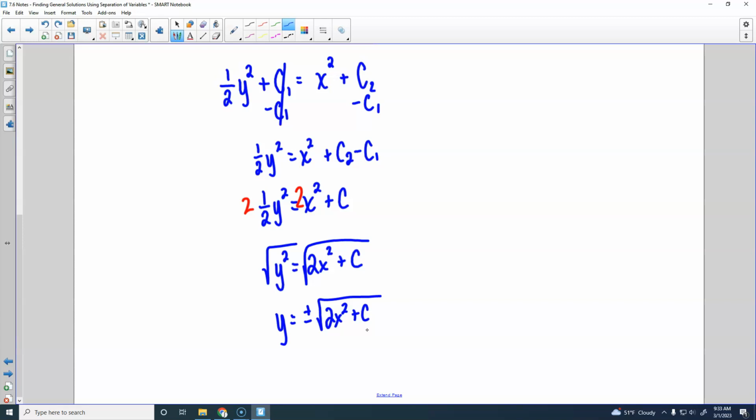But then you have to multiply the whole thing by 2. So you're multiplying 2c right here. Let's say c is supposed to be 8. Let's say the answer is supposed to be plus or minus the square root of 2x squared plus 8. We'll do specific solutions tomorrow where we are going to actually find the value for the c. So it really doesn't matter whether you have a c there or a 2c. If you know the answer ends up being 8, if you have a 2c, then c ends up being 4, but when you plug it back in, you still get 8.